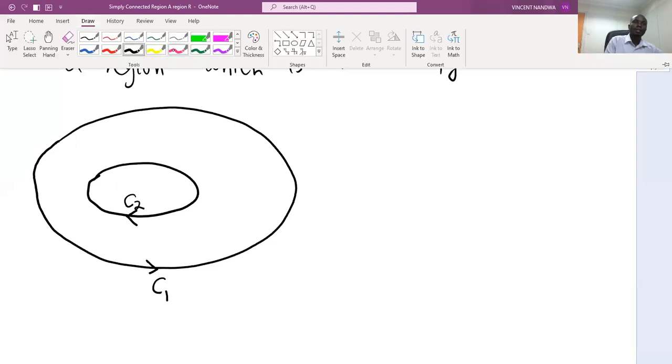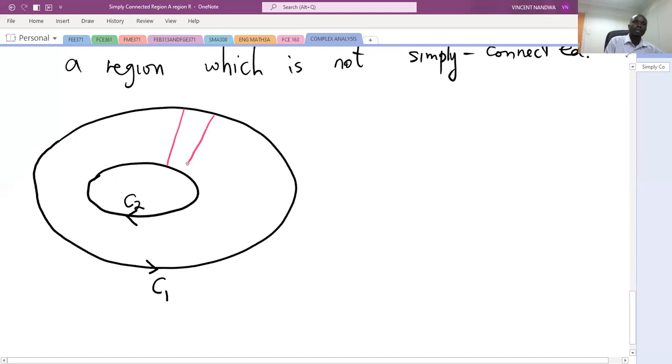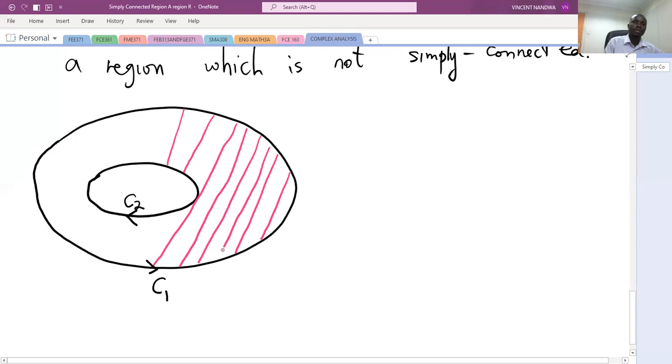And then this shaded part, or the region defined within these two curves, is what we call a multiply connected region, because if we have a simple closed curve in this region, then there's a possibility of that curve being shrunk to a point outside this region defined by these two curves.